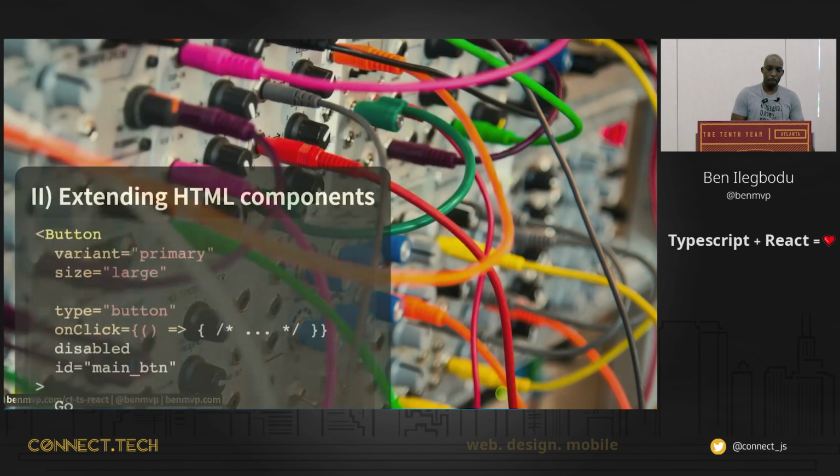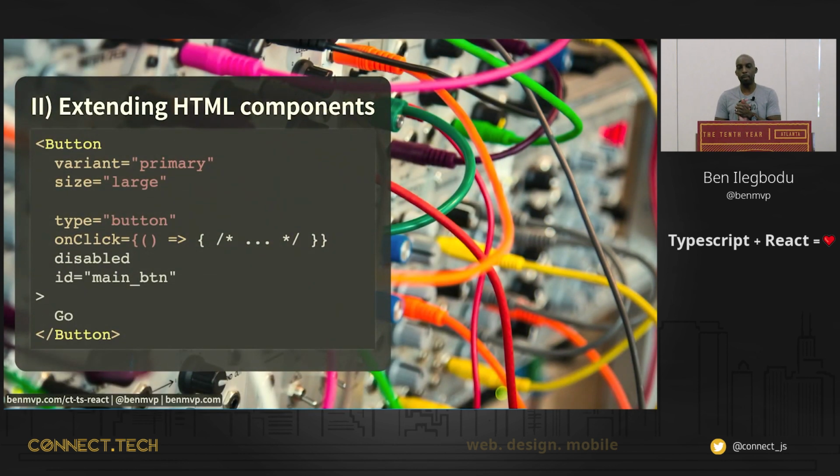Okay, one more. All right, let's talk about this one. This is also common if you're building a design system or a component library. We want to have a button component, which is always the start of a component library. And we want our button component to wrap over the HTML button element.